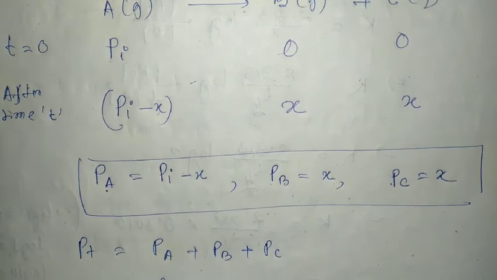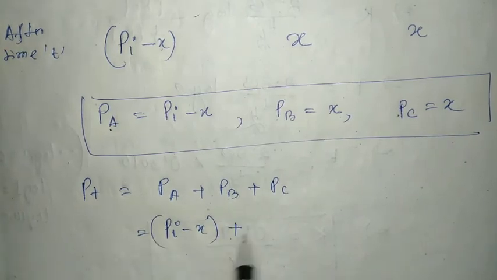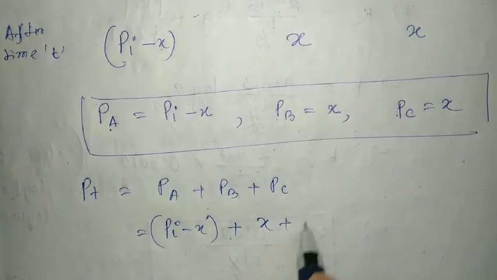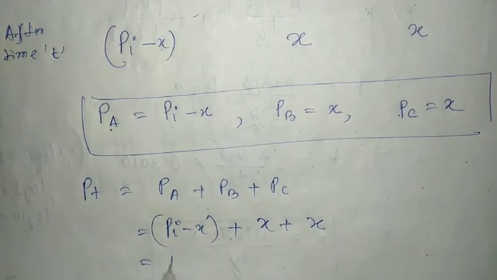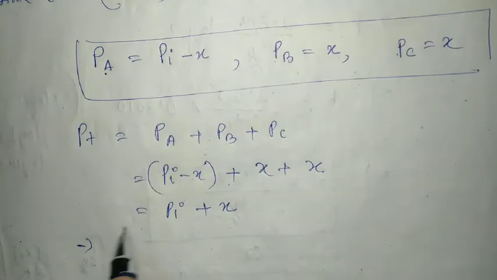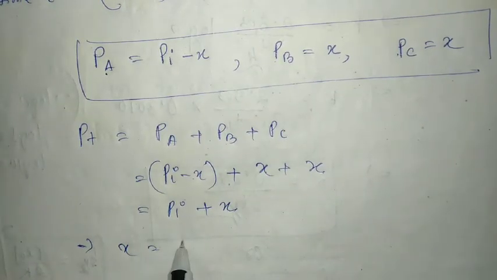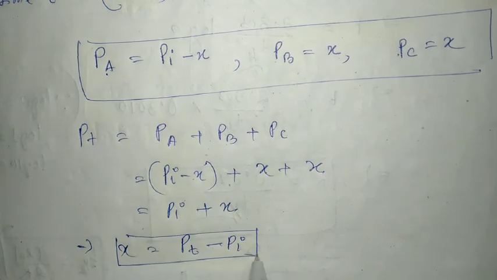PA is Pi minus X, PB is X, PC is X. So minus X plus X cancel, and we get Pi plus X. Then what is the value of X? X equals PT minus Pi. So X यहाँ से मिला.